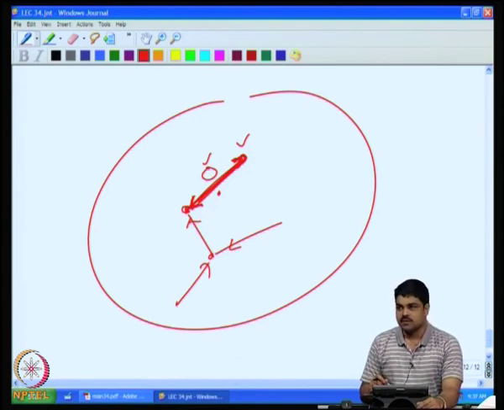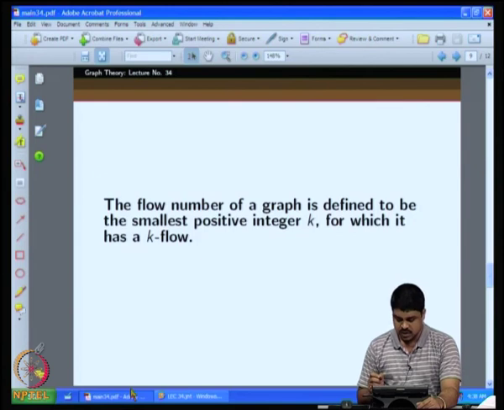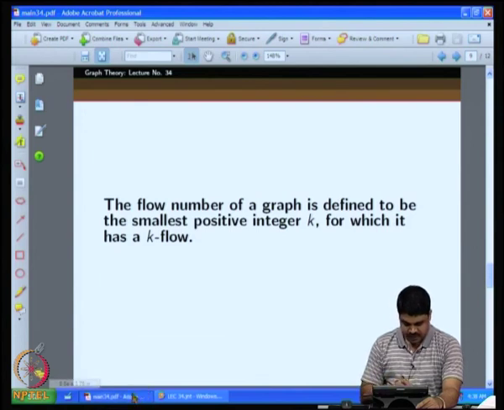We can simply say that for this graph there exists a k flow; whichever the orientation, we can find a k flow. Therefore, we can talk about, given a graph, the smallest integer k for which any orientation of it has a k flow. Some simple examples we can consider.